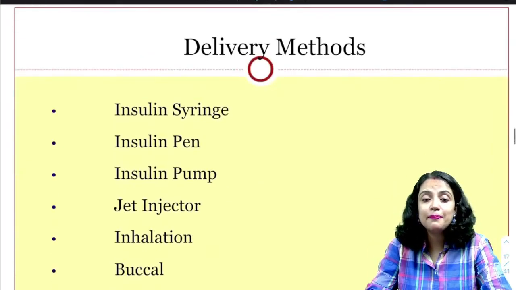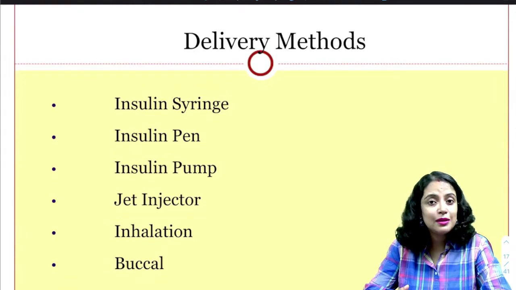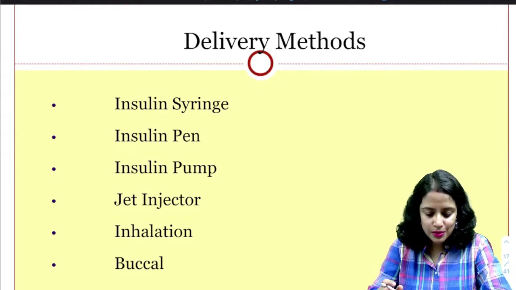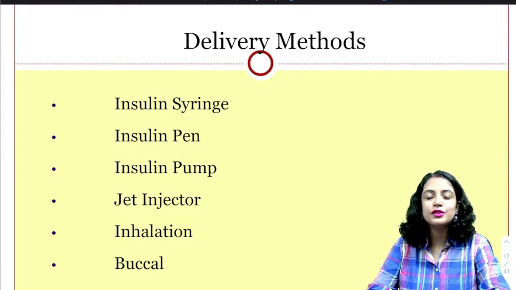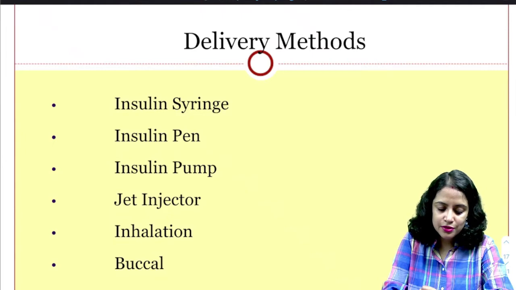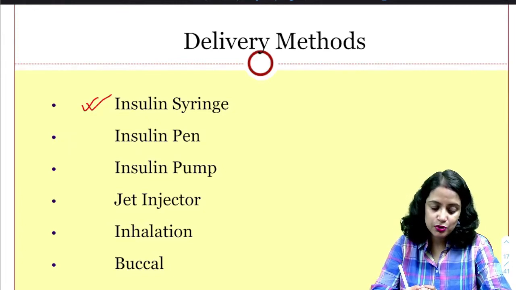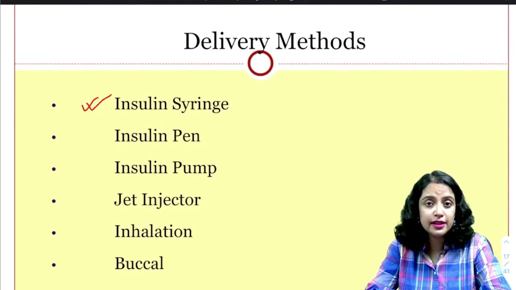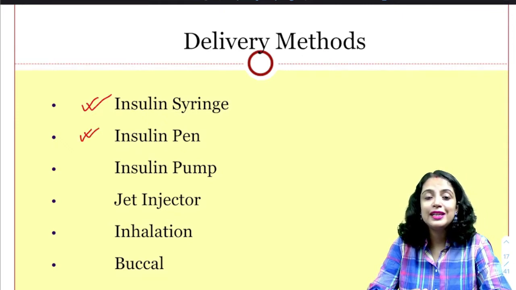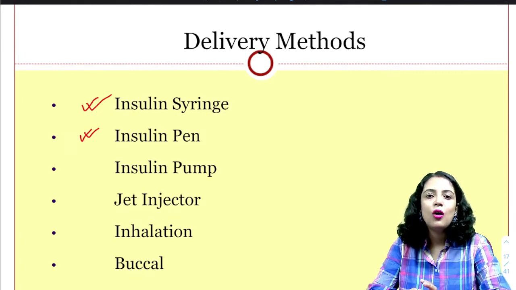Coming to the delivery methods of insulin, insulin can be delivered to a patient with the help of different technological advancements. There are different delivery methods of insulin. First, the insulin syringe, which is the age-old method, where the insulin is drawn from the insulin vial and injected subcutaneously. These days, we're very lucky that we have the insulin pen, which is really easy to use, and patients become so compliant with this pen because it is almost painless.